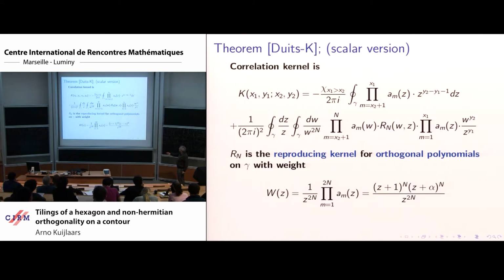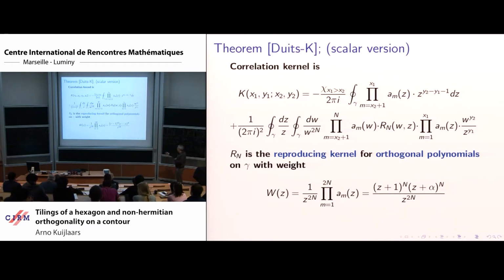Okay, and then the main character here is this R_n. That's a two-variable polynomial in both w and z, and it's a reproducing kernel for orthogonal polynomials. But orthogonal polynomials on the curve gamma, which could be the unit circle, with a weight that's again formed as a product of all these symbols. If you go from left to right, here you go all the way from left to right. You take a product of all the symbols that come with these matrices, and you divide by z to the 2n.